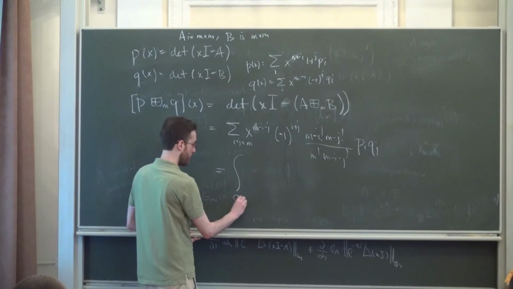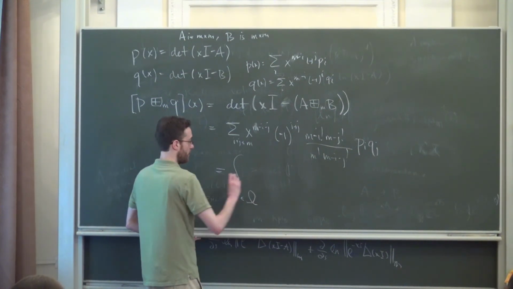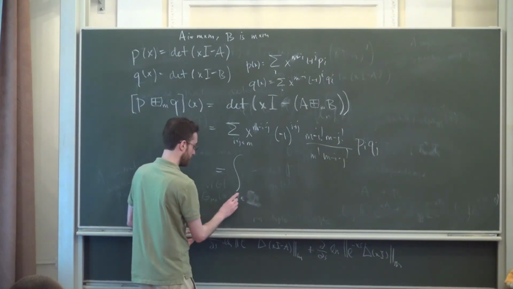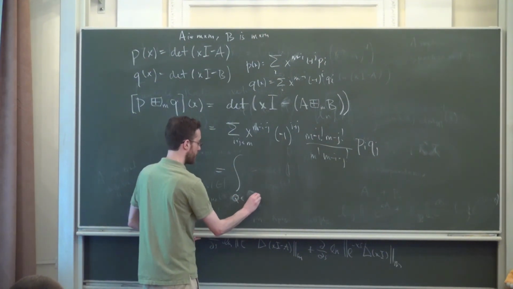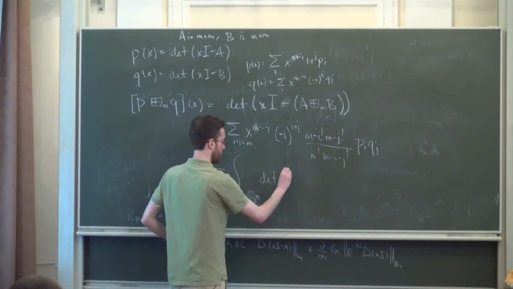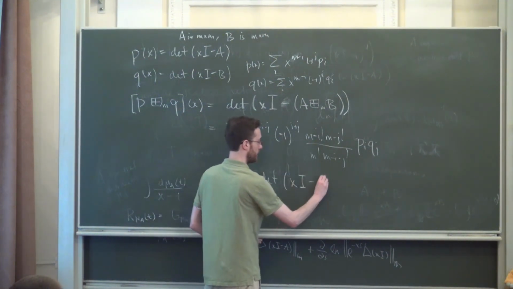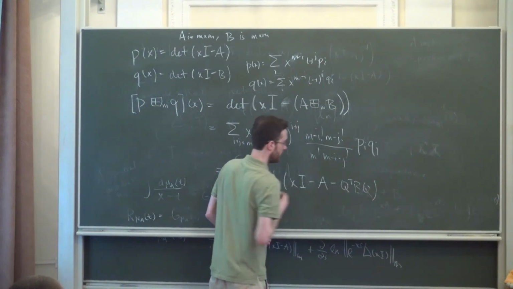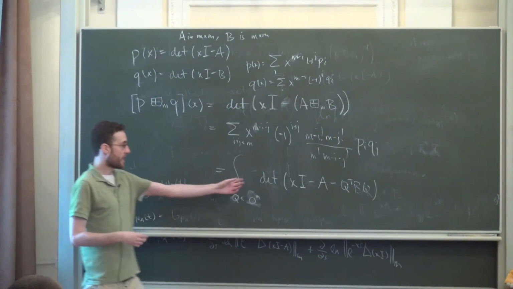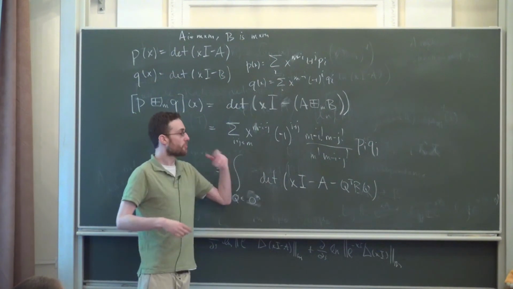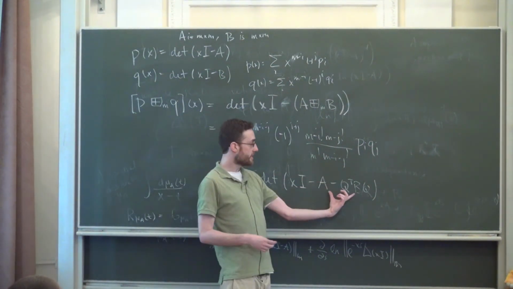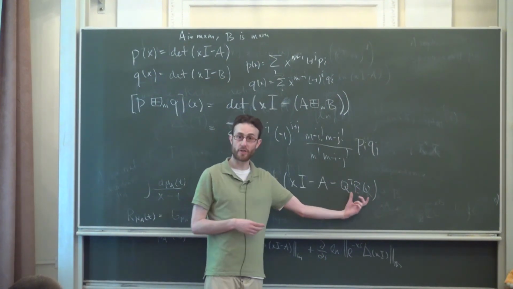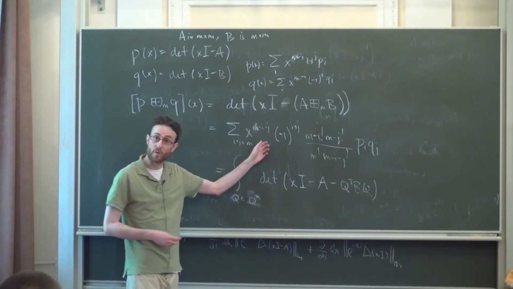an integral over O in the orthogonal group, Q in O to the m, of the determinant of... so if I took a random polynomial where I added these two together, but I did it with a random unitary transform, this is exactly what I would get.